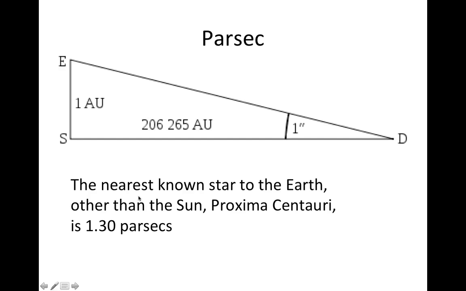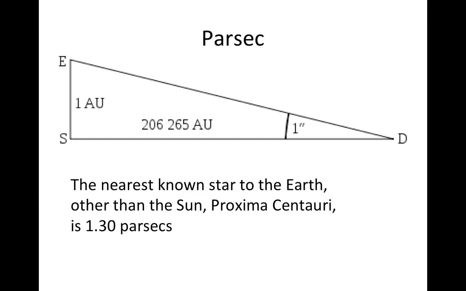The nearest known star to the Earth, other than the Sun, is called Proxima Centauri, and it is 1.3 parsecs away. Can you see that the parsec is a lot easier to use as a measure of distance than the astronomical unit? Here we would have to say it is 260-something thousand astronomical units away.